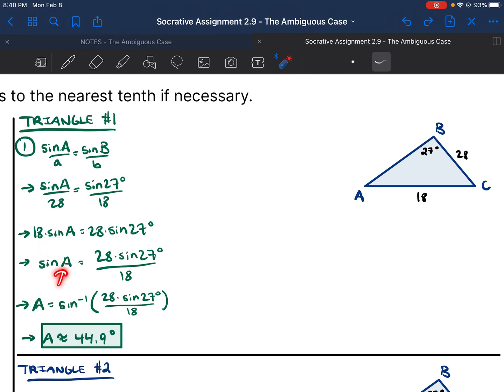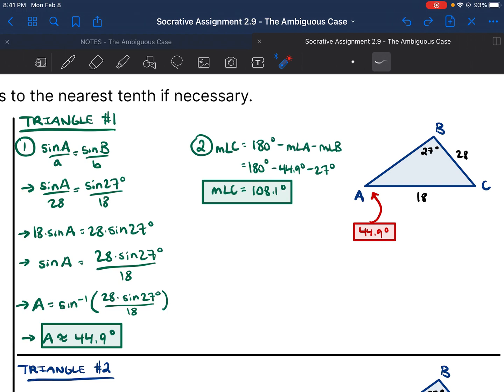And then finally, to isolate the A, we take the inverse sine of both sides, making sure that this is all set to degrees, and whatever kind of calculator you're using will get you the angle A is about 44.9 degrees. Okay, so we can put that on right there. Now that we know angle A and we already knew angle B, the next logical step is to find the measure of angle C.